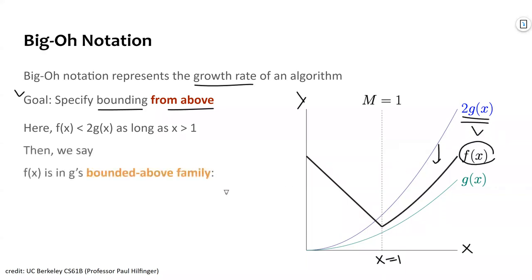Then we say f is in g's bounded above family, or f is inside big O of g(x).